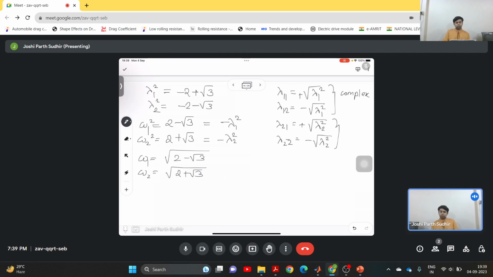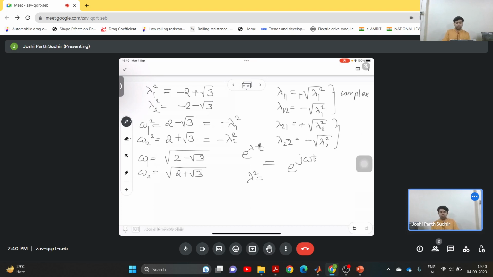This is minus lambda 1 square because we assumed the solution of the form e to the power lambda t, and lambda 1 square is actually negative. So this is equivalent to assuming a solution of the form e to the power j omega t, where omega is the frequency.